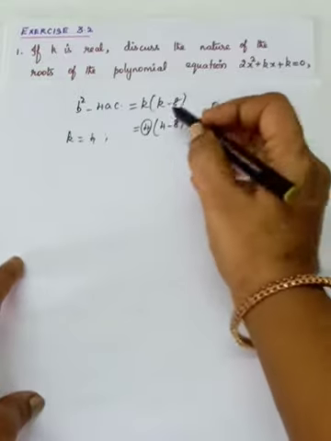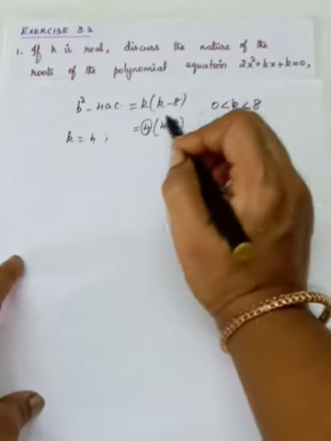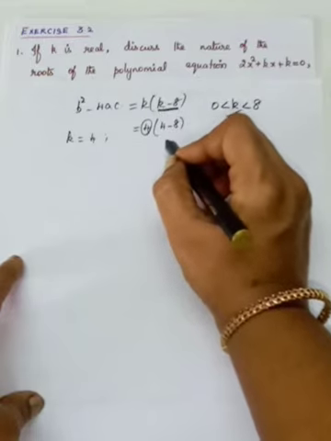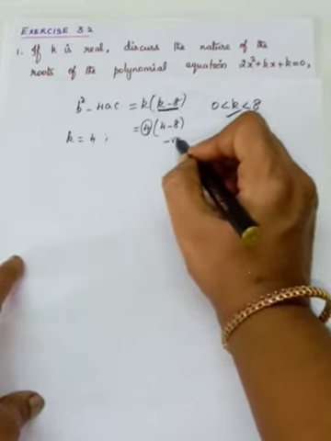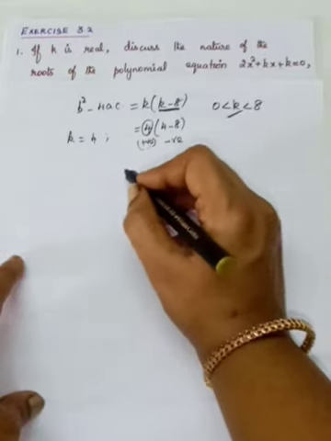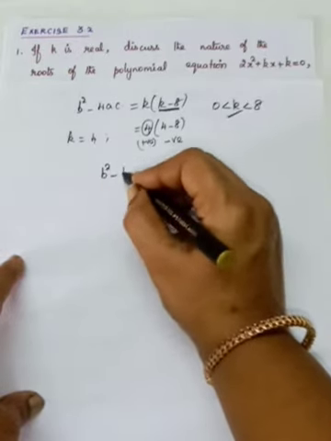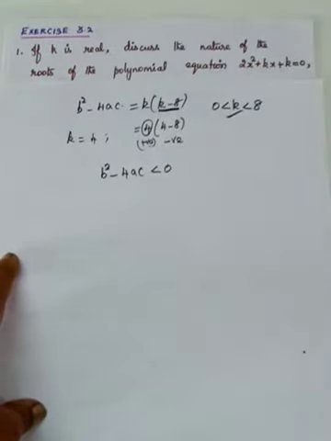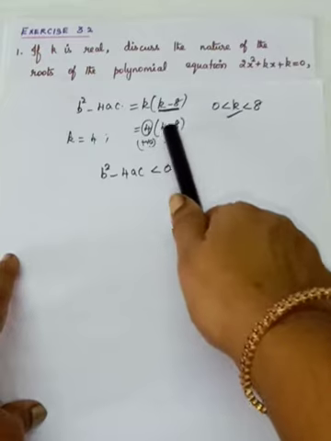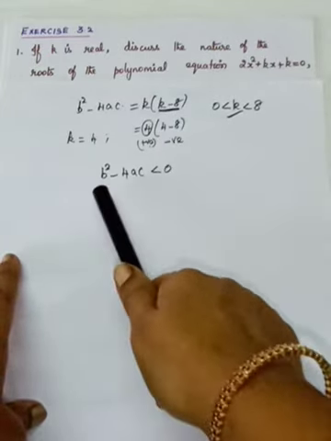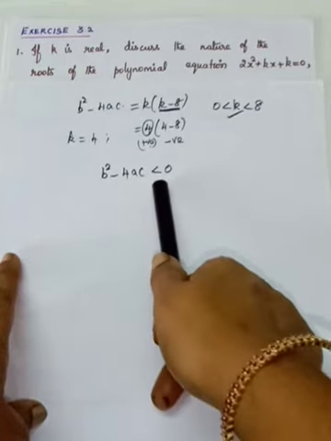Okay, and how should this k be? Less than 8. Less than 8 means here k minus 8 is negative. So here you will have positive into negative, which is negative. So therefore the discriminant b squared minus 4ac is less than 0. So k is less than 8 means this k minus 8 is negative, so the discriminant is less than 0.